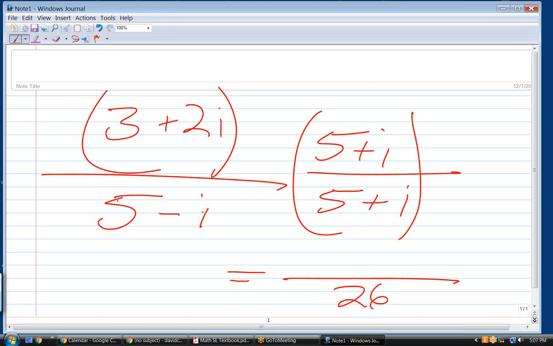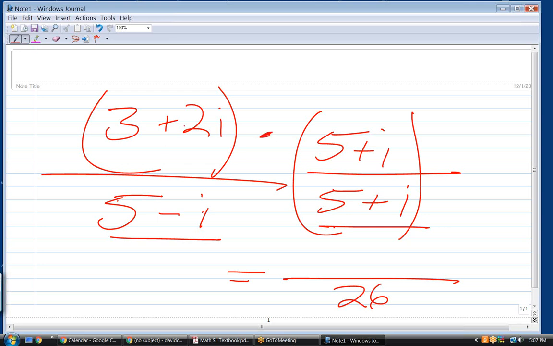So I only do that to the denominator? When I multiply 5 minus i times 5 plus i, I get 25 minus i squared. And that becomes 26. Now, I have to FOIL the numerators.